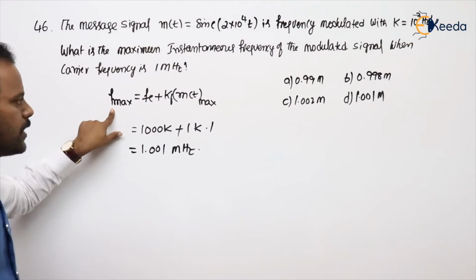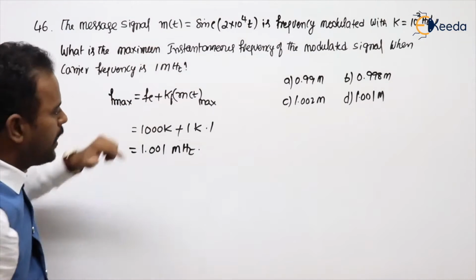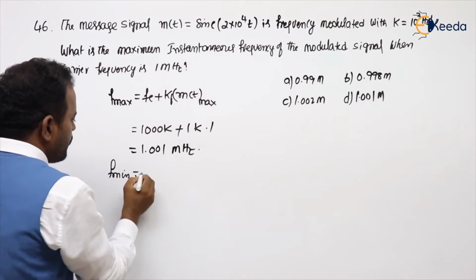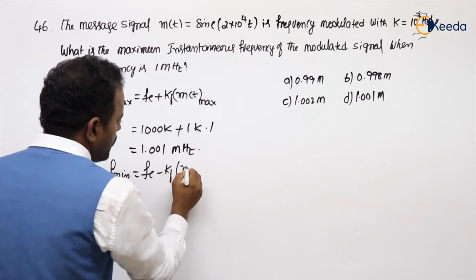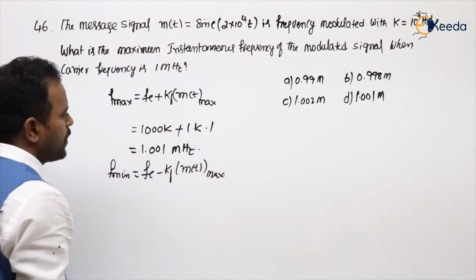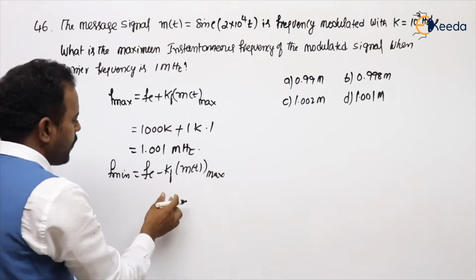This is F max, and this is delta F. If you want to calculate F minimum, though it is not asked, the formula is Fc minus Kf into m(t), where m(t) is at its maximum. What is the maximum value of m(t)? You can see there it is 1.